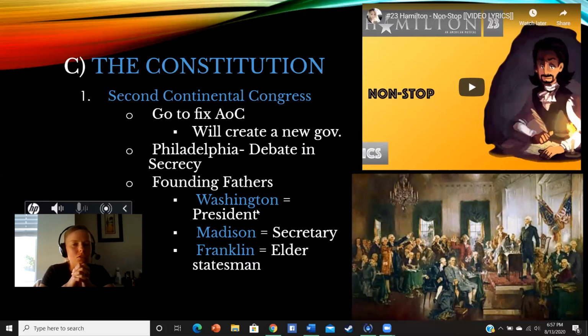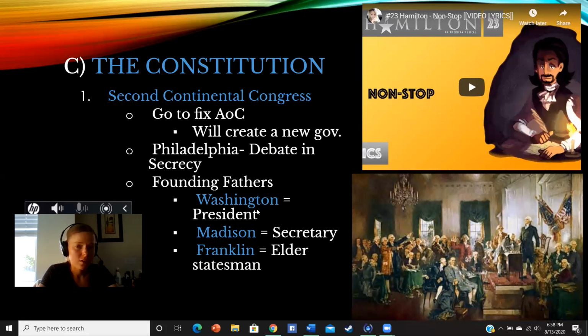But then, because of Shays' Rebellion and his good friend and kind of his surrogate son, Alexander Hamilton, basically telling Washington about this convention and kind of urging him to go, Washington will reluctantly go. And because of his stature, prominence, Washington will be named the president of the convention.